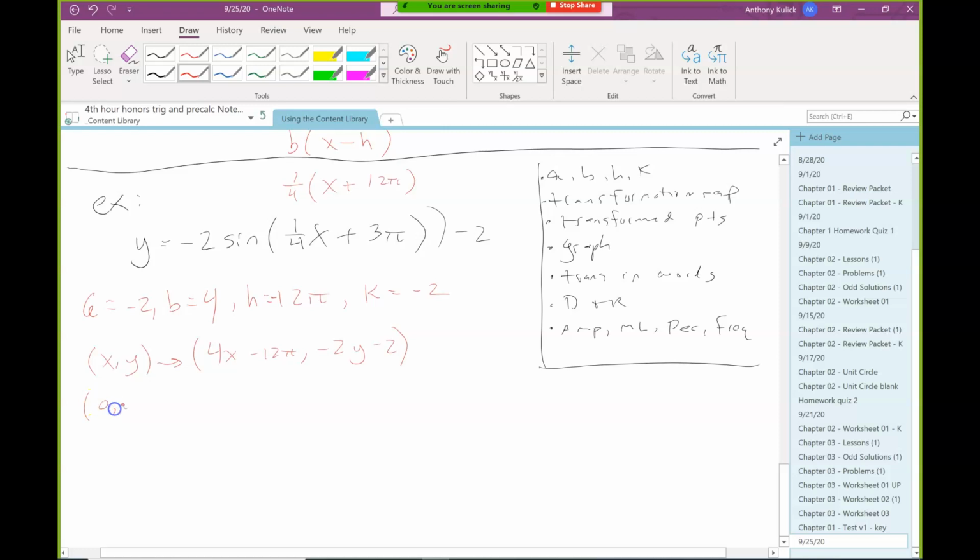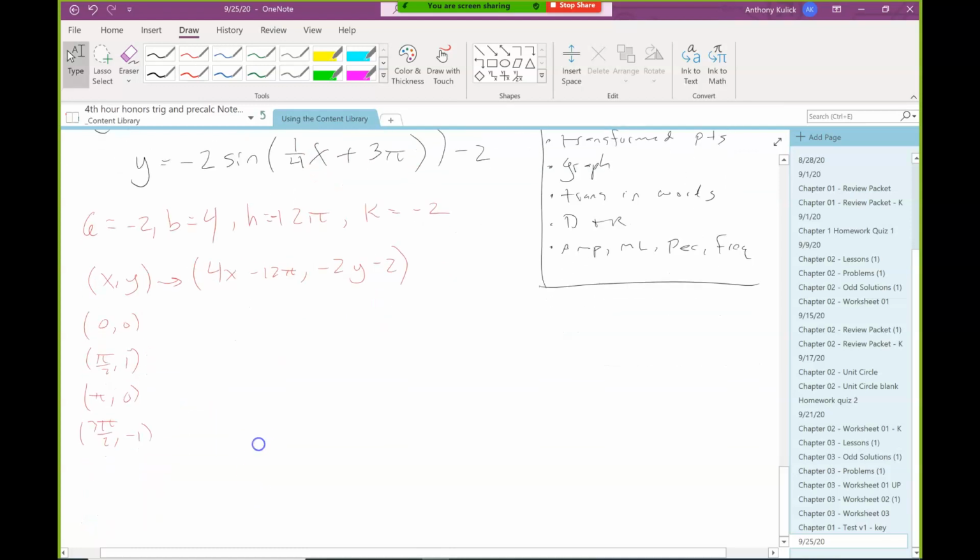So we have 0, 0, pi over 2, 1, pi, 0, 3 pi over 2, -1, and then 2 pi, 0. So this becomes -12 pi, and then -2. And then I have 2 pi minus 12 pi, which would be -10 pi, -4.